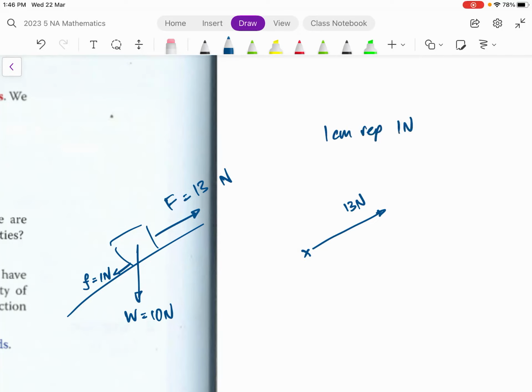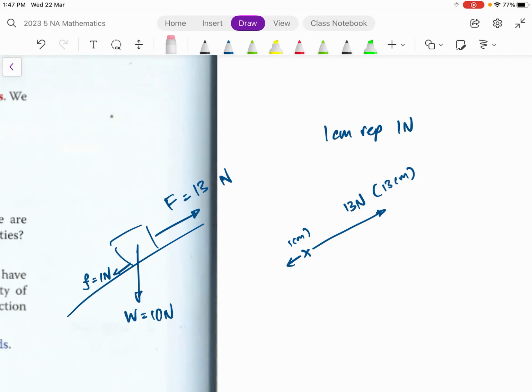So on our graph paper, you're going to have to draw this 13 cm in that direction. And then you will draw another 1 cm, 1 Newton in this direction to represent the friction. 1 cm. Now you guys already know. The resultant is just 12 newtons in the top right direction.